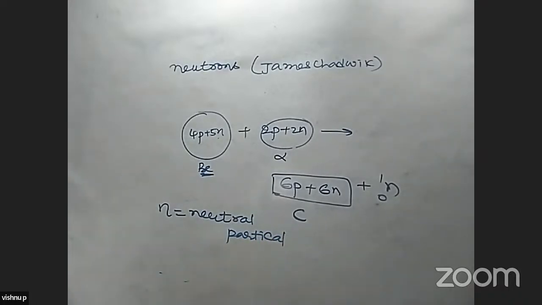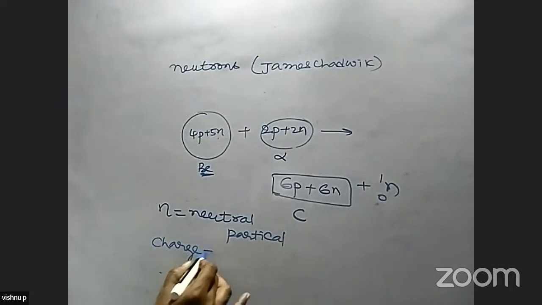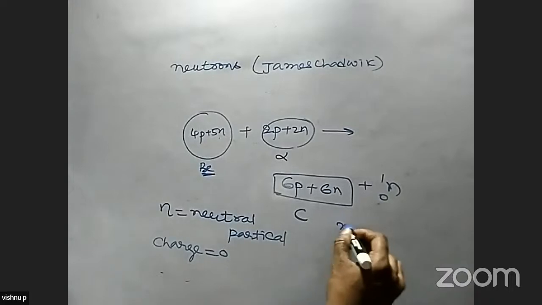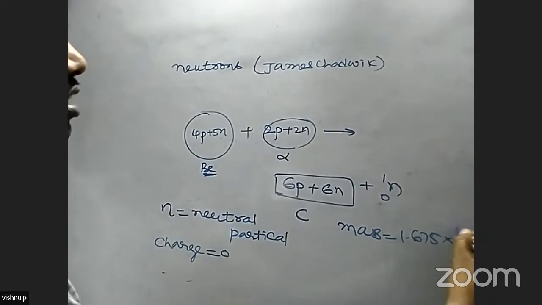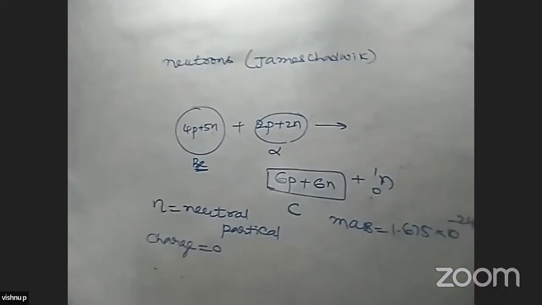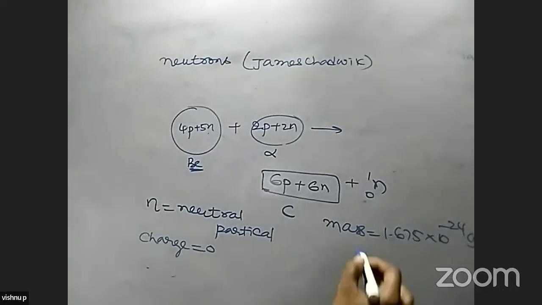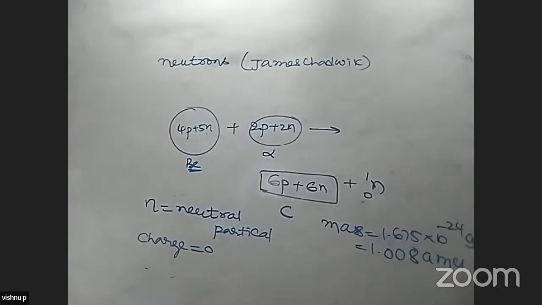And what is E by M value of neutron? We cannot find it out because there is no charge. So here we write charge is equal to 0. Mass is equal to 1.675 into 10 to the power of minus 24 grams. It is slightly higher than the mass of proton, or 1.008 atomic mass units.